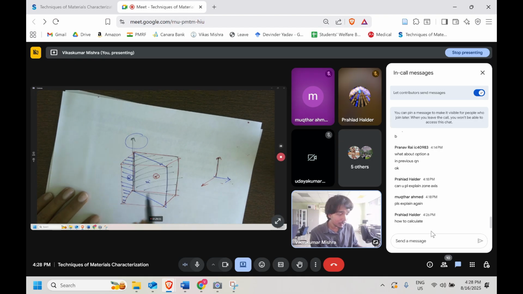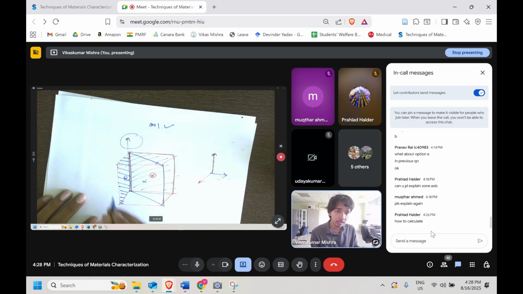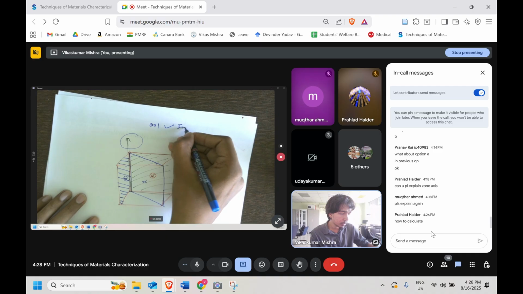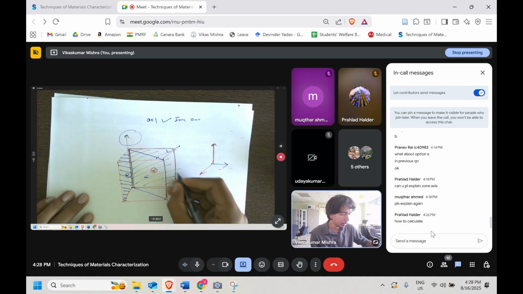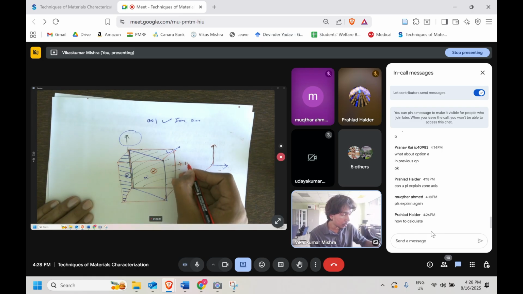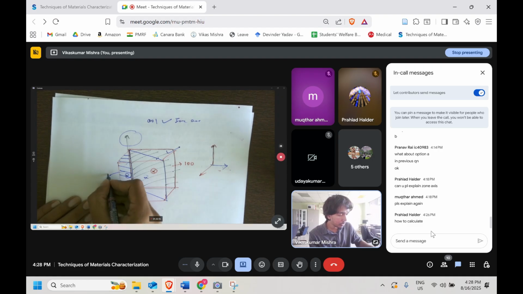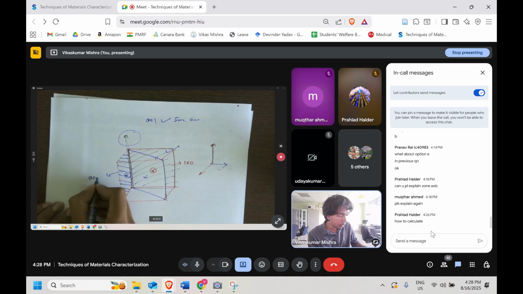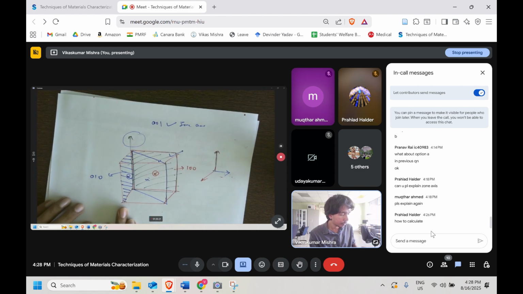So this is a zone axis for this particular plane. This particular plane is nothing but the red one. The red plane is 100. This blue plane is 010. What about this particular one?